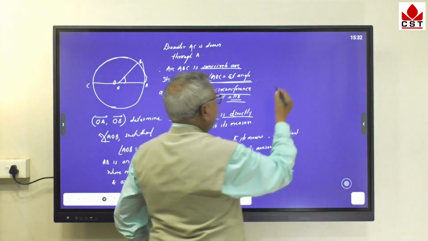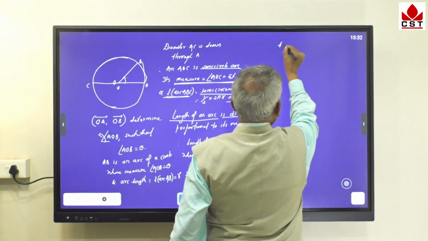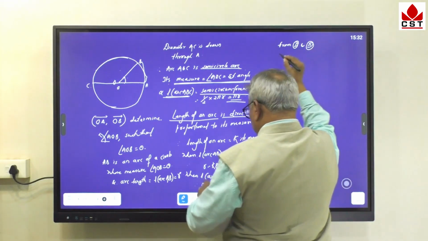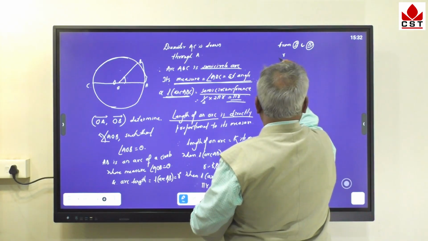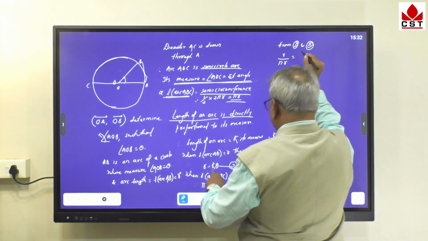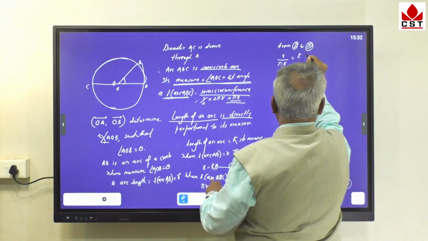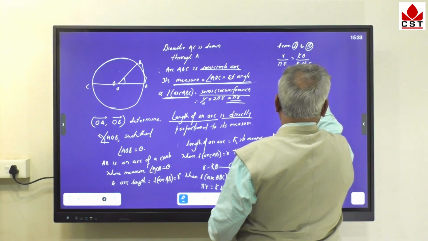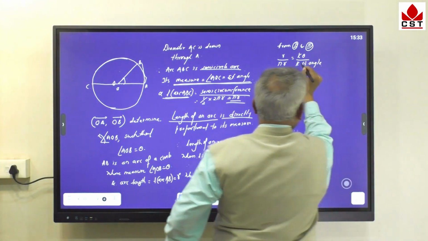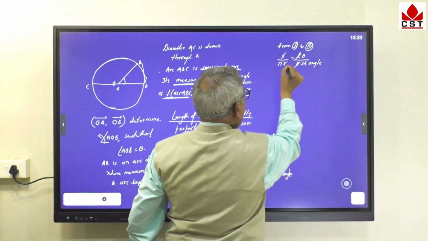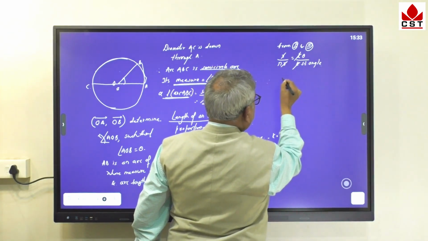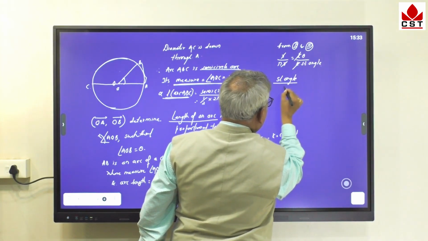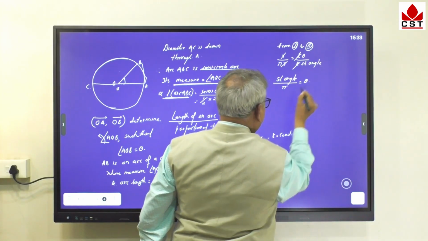Now taking the ratio of equations 1 and 2, what do we have? R upon pi R is equal to K theta upon K into the straight angle. K cancels, R cancels. Therefore, straight angle upon pi is equal to theta.